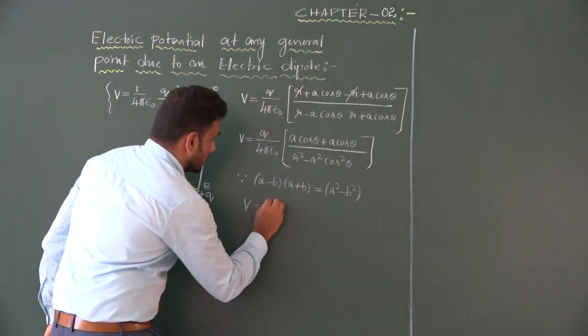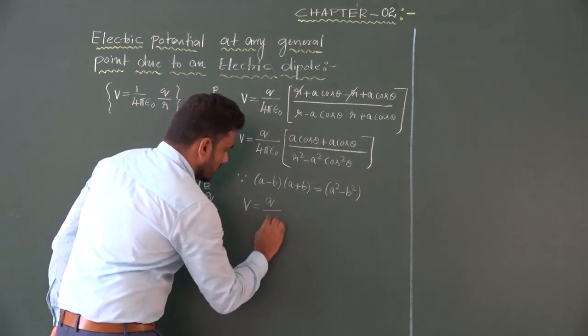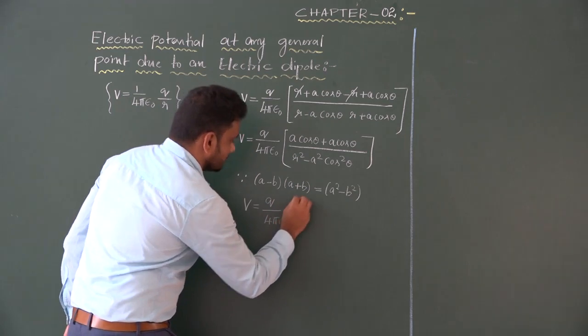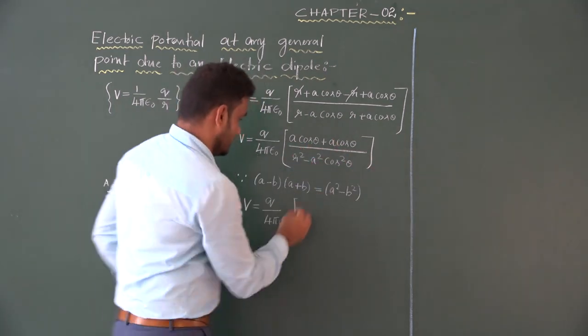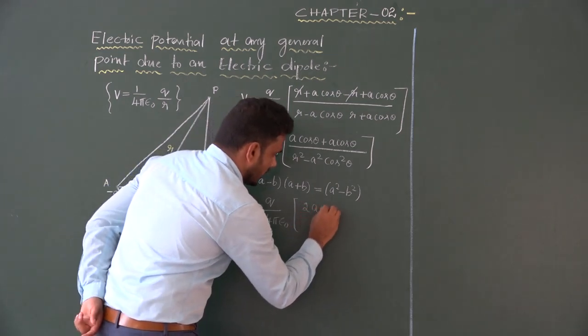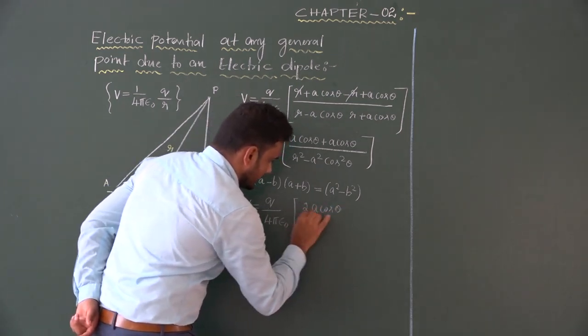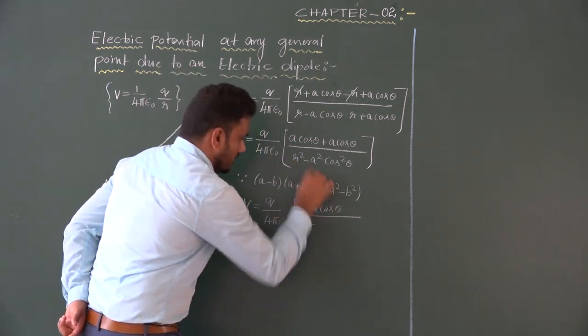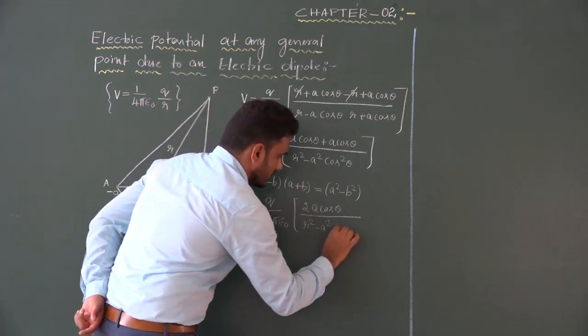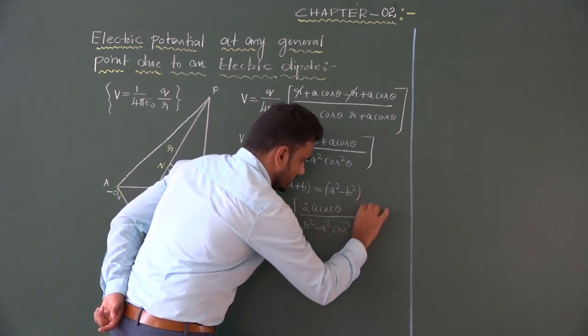So V is equal to Q divided by 4 pi epsilon naught, a cos theta plus a cos theta, 2a cos theta, divided by R square minus a square cos square theta.